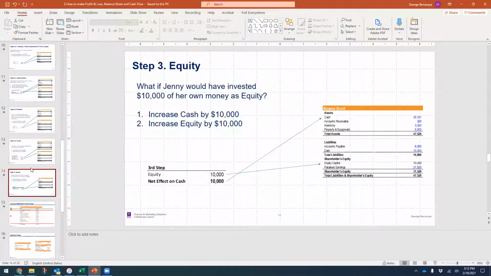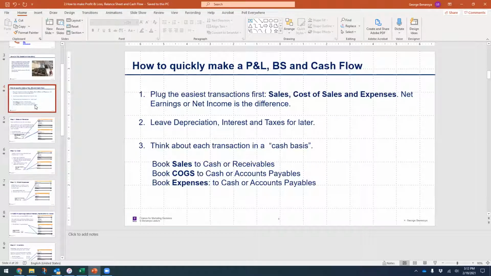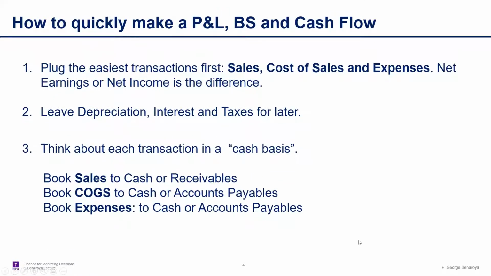But let me go back to the first slide when I was showing the PowerPoint. And that is that to make it much easier for the cash flow, it's much better to plug the easiest transactions first. And the easiest in that order will be first sales, cost of sales, and then expenses.